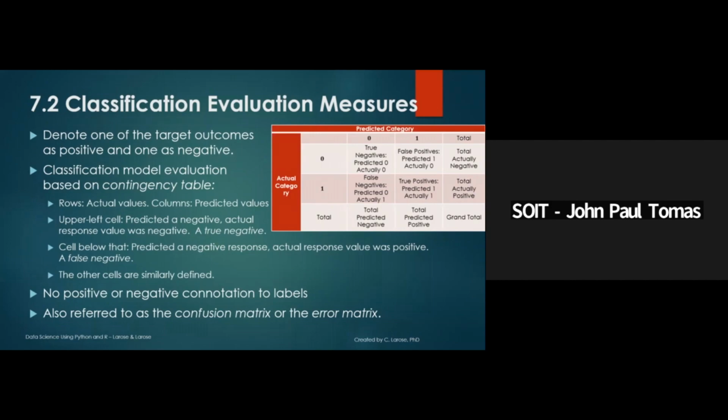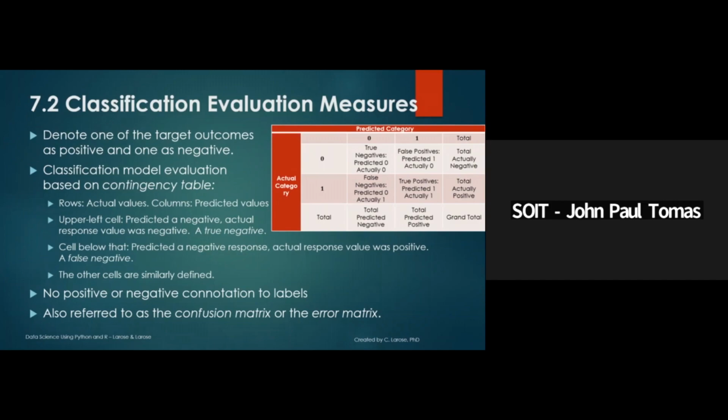Now, the classification model evaluation measures are different functions of the entries of a contingency table, like the one illustrated on the PowerPoint. By convention, the actual values are represented by the rows, while the predictive values are represented by the columns.